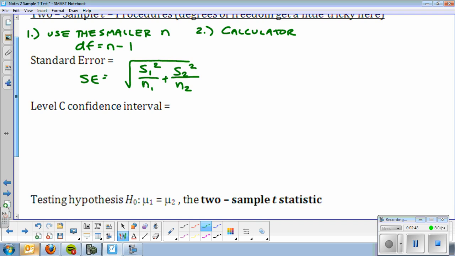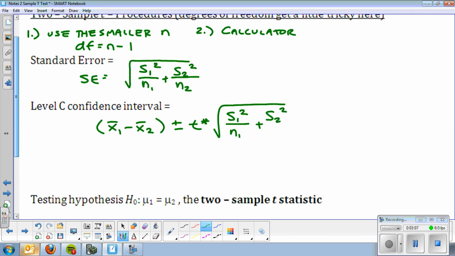Okay, a confidence interval. The formula for a confidence interval is this. X bar 1 minus X bar 2, again, that's the difference in the two X bars, plus or minus t star times the standard error, which is the square root of S1 squared over n1 plus S2 squared over n2.